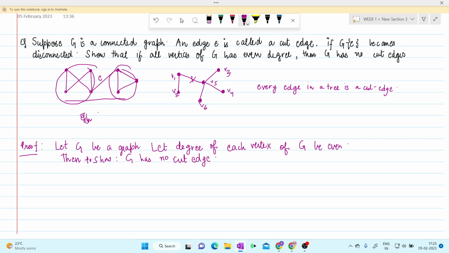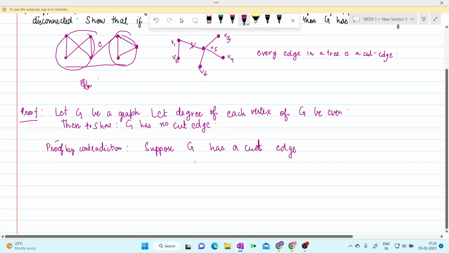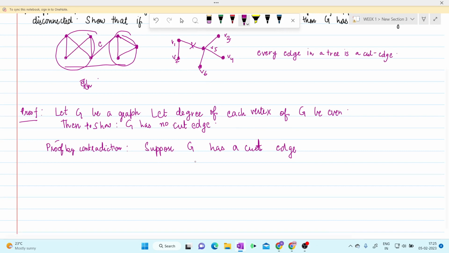So we are proving it by contradiction again. Suppose G has a cut edge. From the previous definition which we have discussed just now, what do we mean by that?